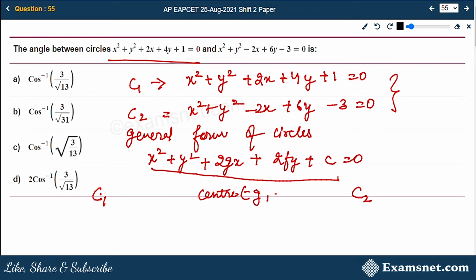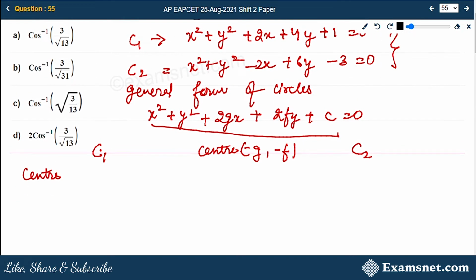You know the center is given by minus g, minus f. So for circle C1, what is the center? Here g is 1, so minus g is minus 1, and minus f will be minus 2.